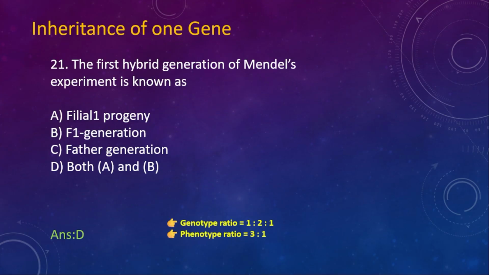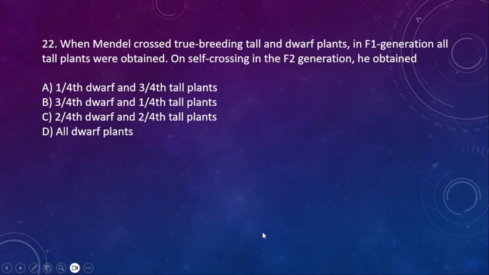Keep in mind, for the first law of inheritance the genotype ratio is 1:2:1, and the phenotype ratio is 3:1. 22. When Mendel crossed true breeding tall and dwarf plants, in the F1 generation all tall plants were obtained.